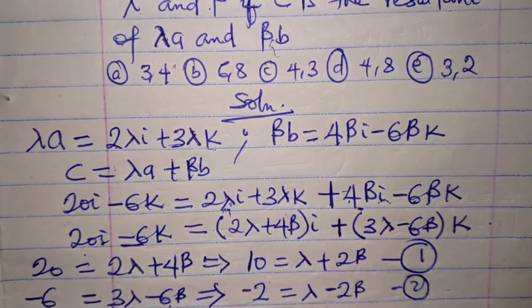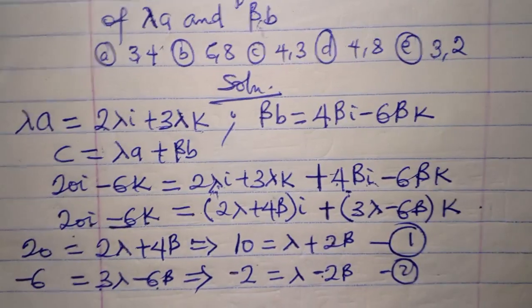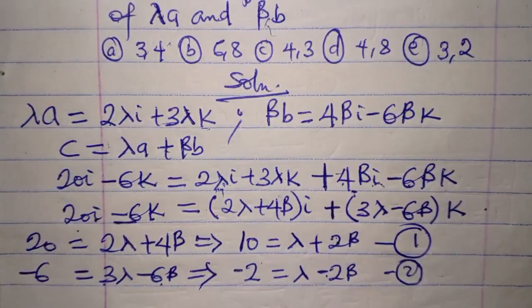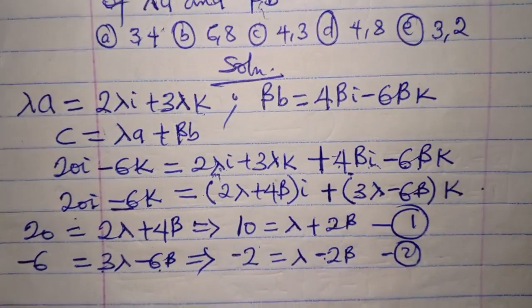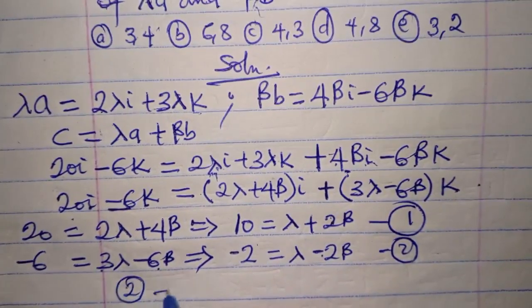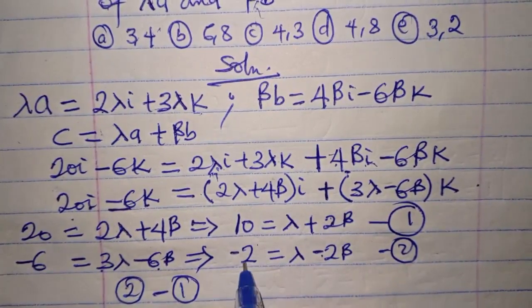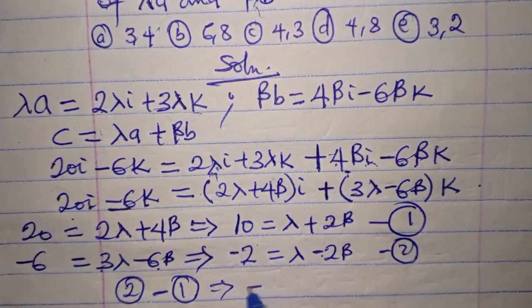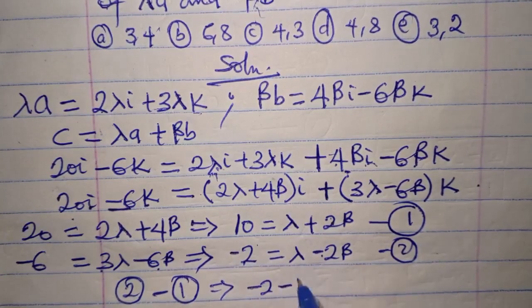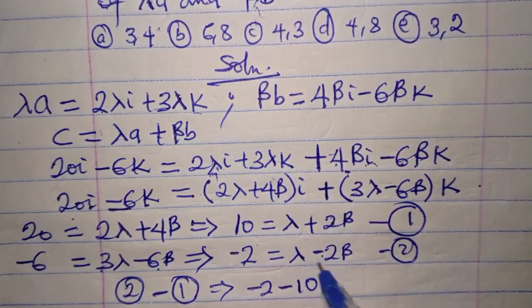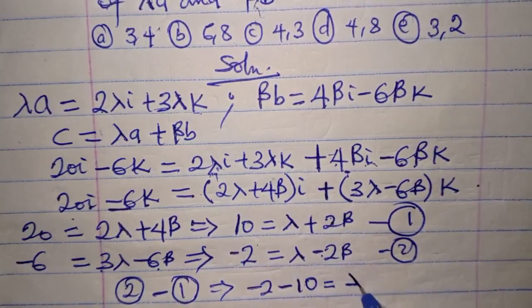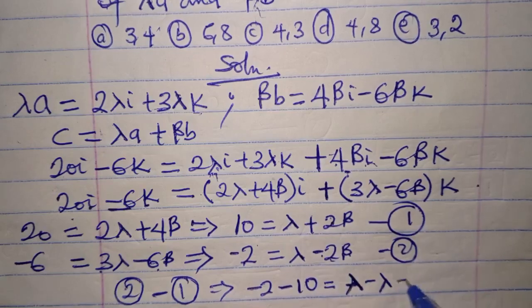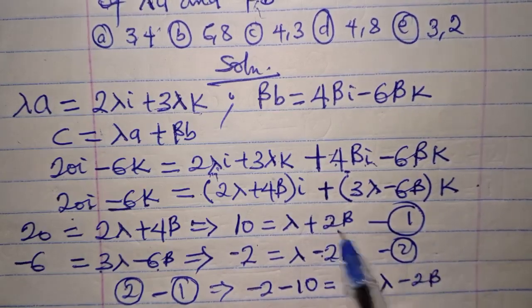Equation 2. We can easily eliminate lambda from the equation by subtracting any of the equations from the other. So if we say equation 2 minus 1, for example, we're having minus 2 minus 10 equal to lambda minus lambda, minus 2 beta minus 2 beta.